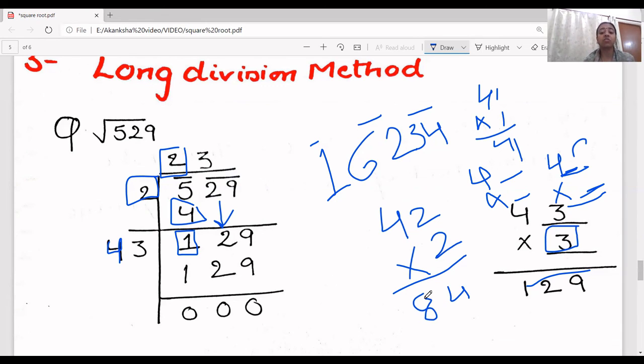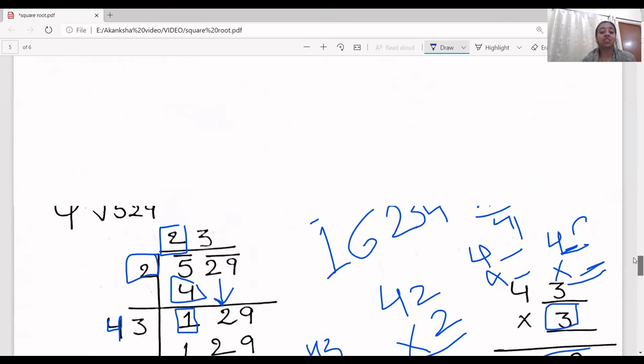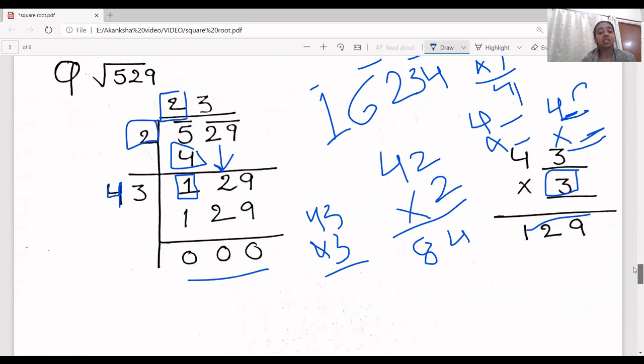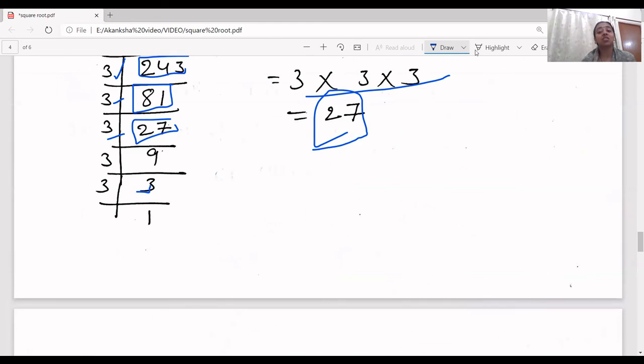Again, not very near. 43. Now when I write 3 here and 3 here, yes, it is going to give me 129. So my purpose is fulfilled, and this is how I found a 0. So the square root of 529 is going to be 23. Thank you, class. Thank you for paying attention. Thank you so much.